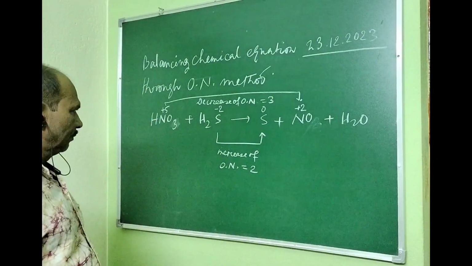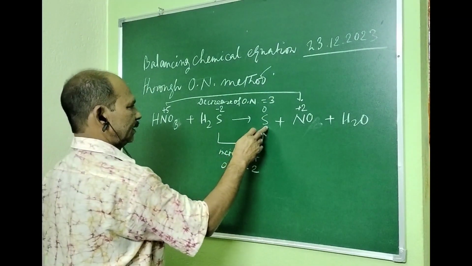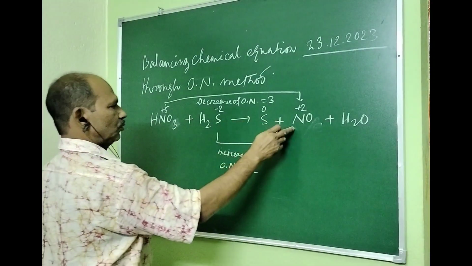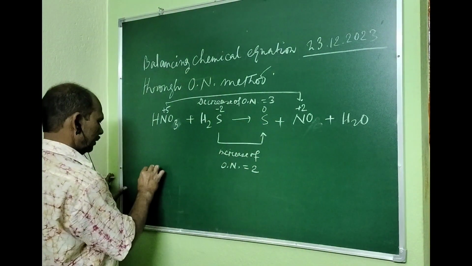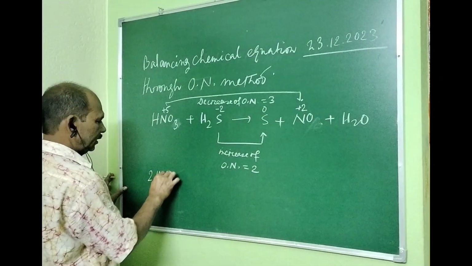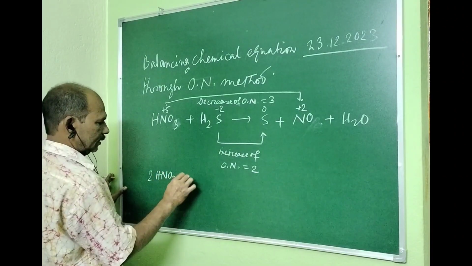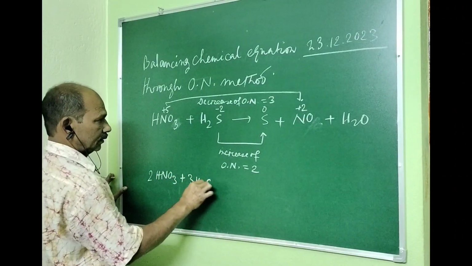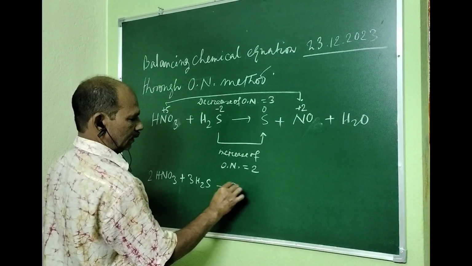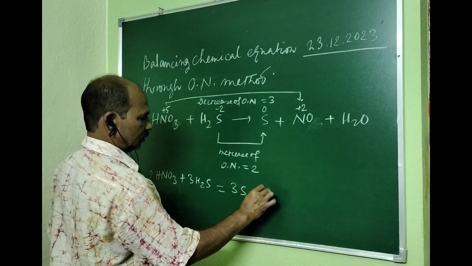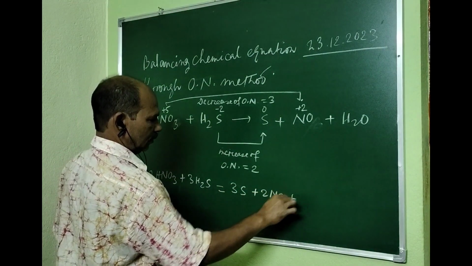So you have to multiply this portion by 3 and this portion by 2. So the equation becomes 2HNO3 plus 3H2S gives 3S plus 2NO plus 4H2O.